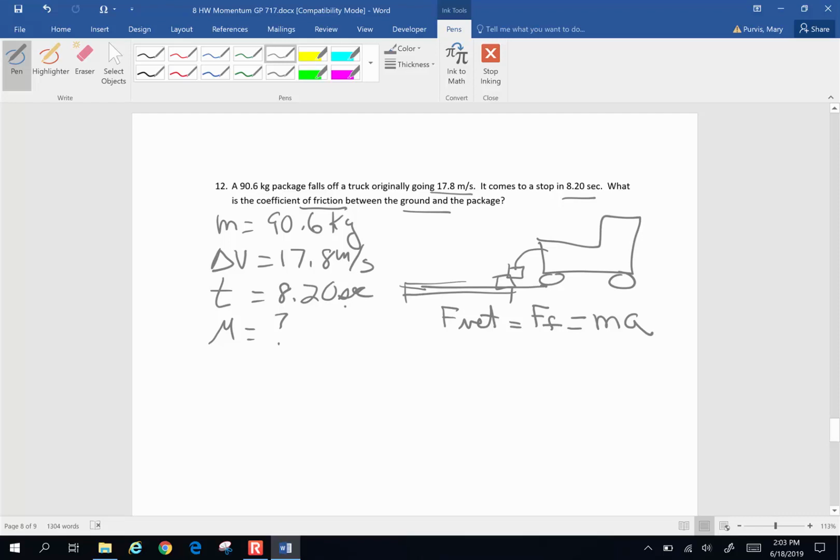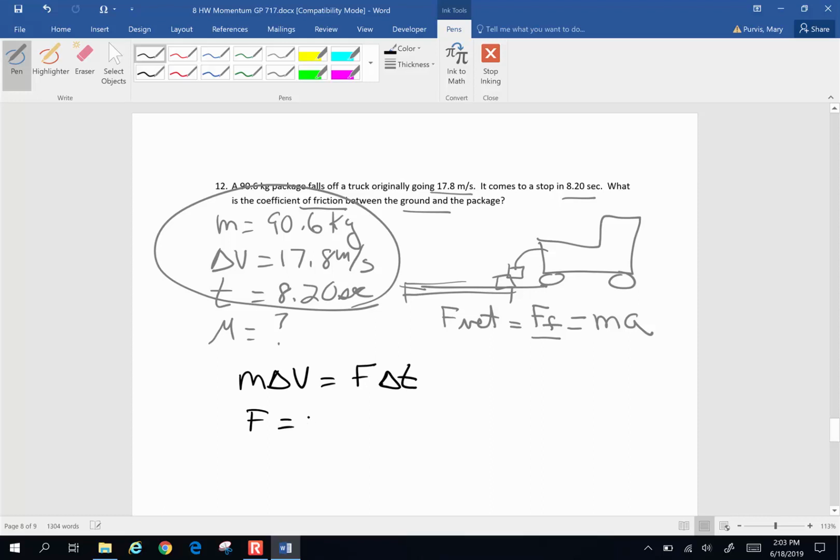If we use the momentum impulse theorem, we can calculate the force of friction. So let's do that first. The momentum impulse theorem: mass times change in velocity equals force applied over time. The force then is mass times change in velocity over time. We've got our 90.6 kilogram package, which is a pretty big package, getting around 200 pounds, times 17.8 meters per second.